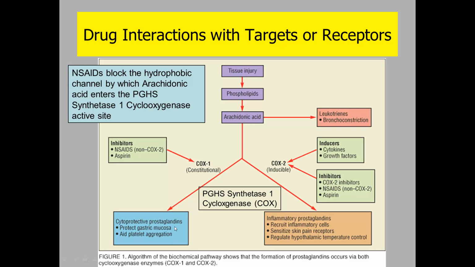The gastric mucosa is affected and the platelet aggregation is disrupted because you're turning off these cytoprotective prostaglandins by turning off this COX-1 constitutive enzyme, this constitutive pathway. That cytoprotective effect then is a side effect. So that's why you get side effects of aspirin.